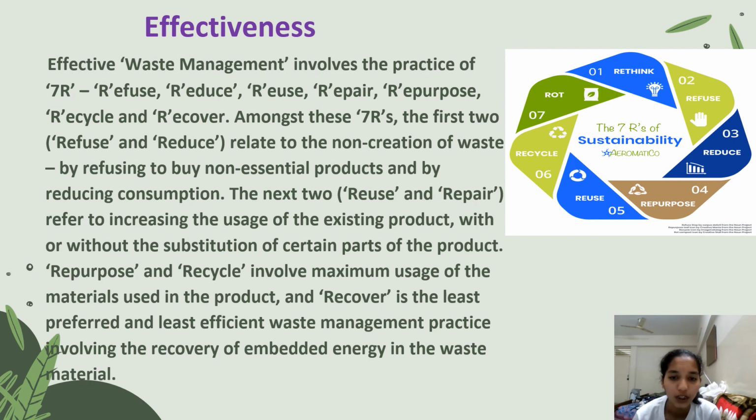The next two, reuse and repair, refer to increasing the usage of an existing product with or without substitution of certain parts of the product. Repurpose and recycle involve maximum usage of the material used in the product, and recover is the least preferred and least efficient waste management practice, involving recovery of embedded energy in waste material.